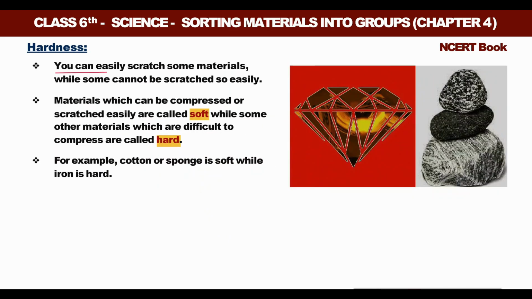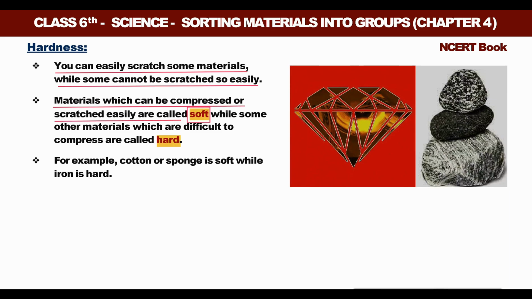You can easily scratch some materials while some cannot be scratched so easily. So when we are doing scratching, some materials are easily scratched and others cannot be scratched so easily. So it means materials which can be compressed or scratched easily are soft materials.